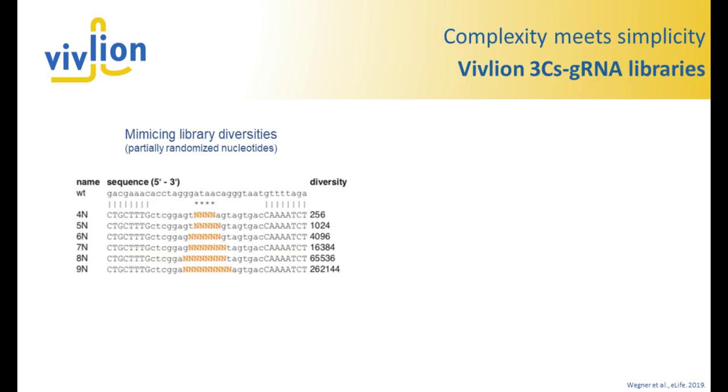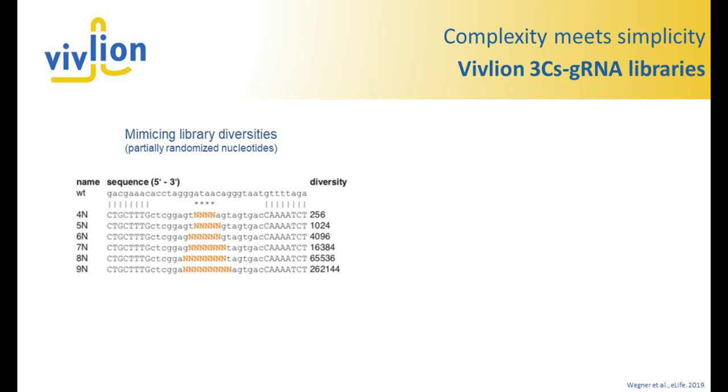So what we did is we tested this. And the way we tested it is by mimicking library diversities using randomized oligonucleotides in primer sequences. And this is shown here on the left side. We designed oligonucleotides with 4 Ns up to 9 Ns, and thereby mimicked a diversity of 256 up to 260,000 different oligonucleotides.